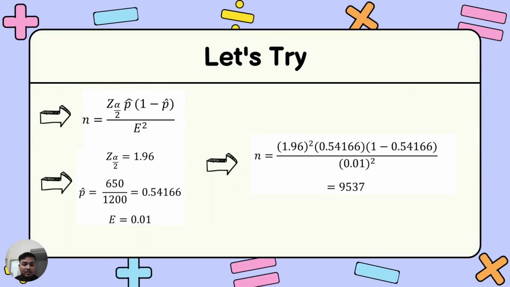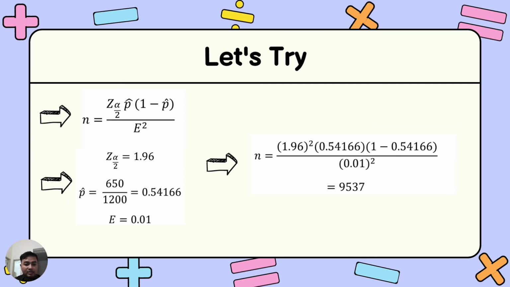Okay, this is the step to answer the question. First of all, write the formula of the sample size. As you can see, Z alpha over 2 equals 1.96, which we got from the previous questions.